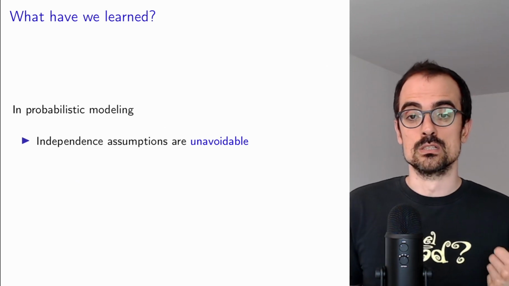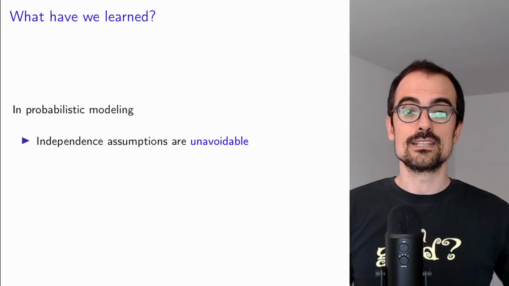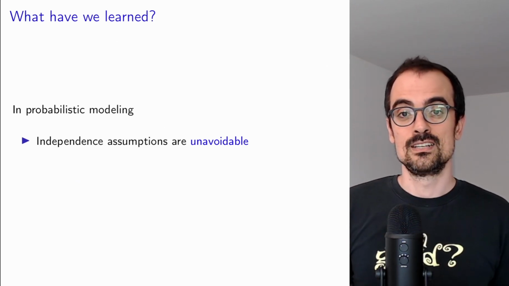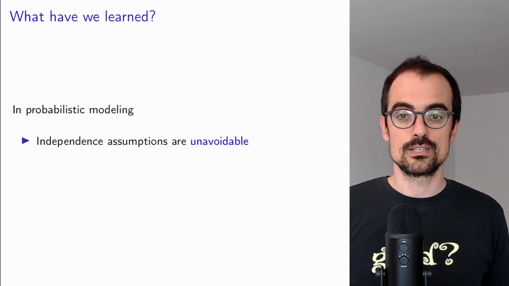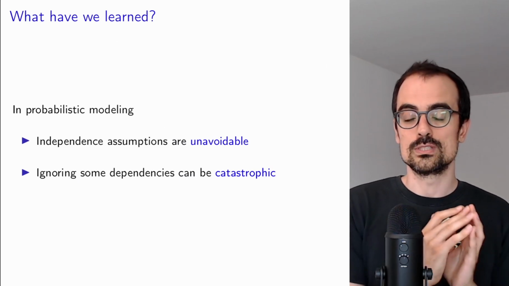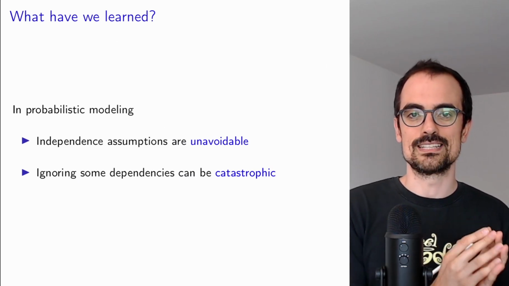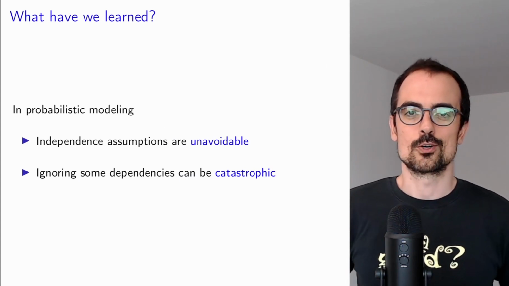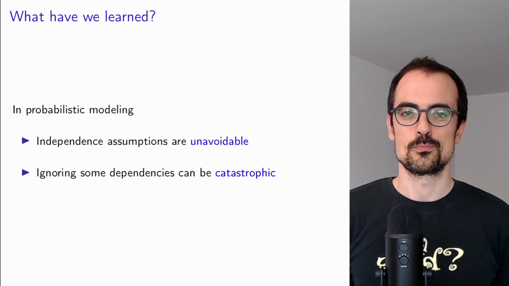It's impossible to model all the possible dependencies between the 50 states and Washington, D.C. when we're trying to forecast the United States presidential election. But we have to be very careful what dependencies we don't include in the model, because ignoring some dependencies can be completely catastrophic, as illustrated by the forecast for the 2016 presidential election.